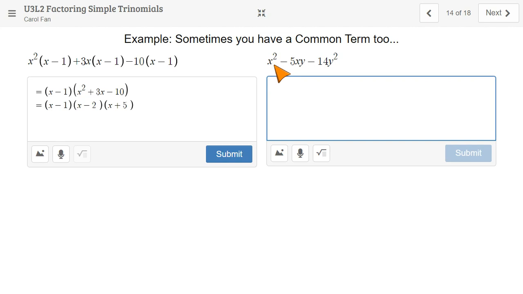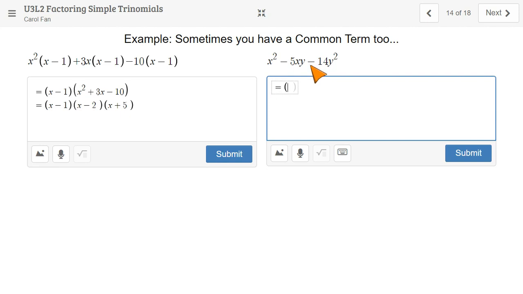The last example we have, x squared minus 5xy minus 14y squared. What we need to do here is we're going to treat the y squared just like we treat the x squared. We're just going to plop it into both brackets. Let's use the rules that we had before. Determine our brackets.